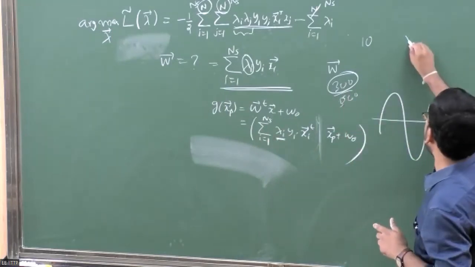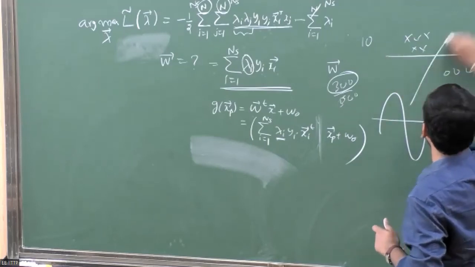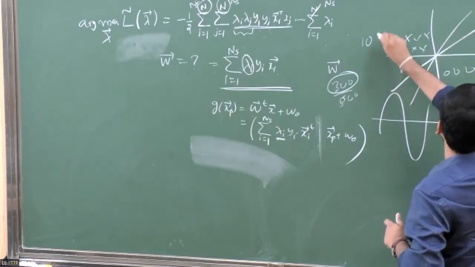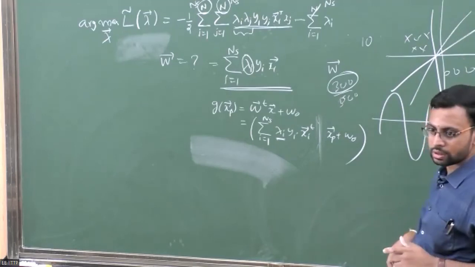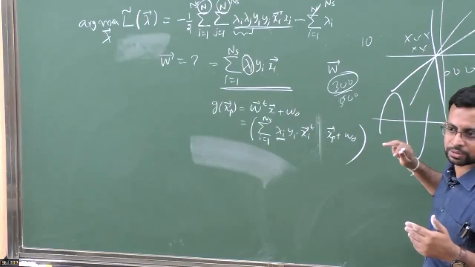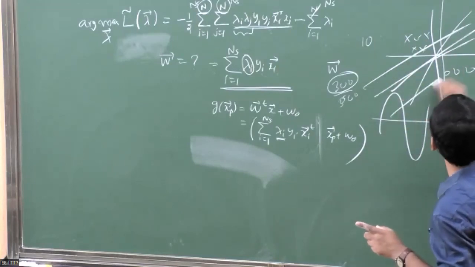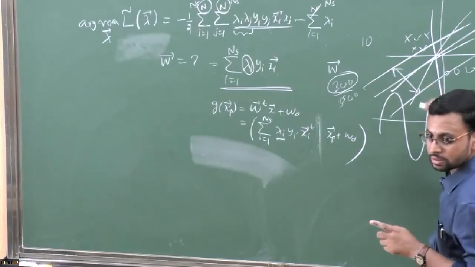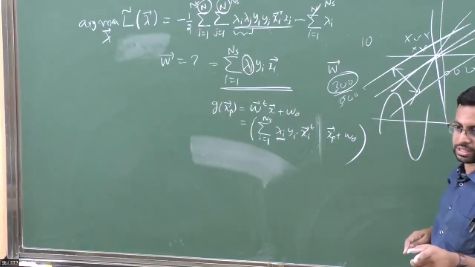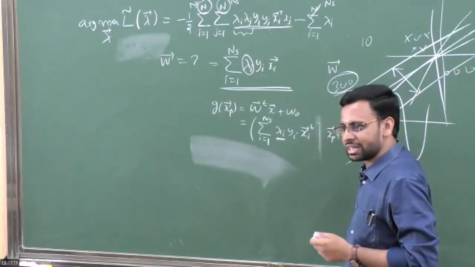Just like I have some points here, some points here, I could draw different sets of classifiers. So your neural network can give any of these depending on where you initialized, but your SVM will always give you the one where the margin is maximum, irrespective of the initialization.